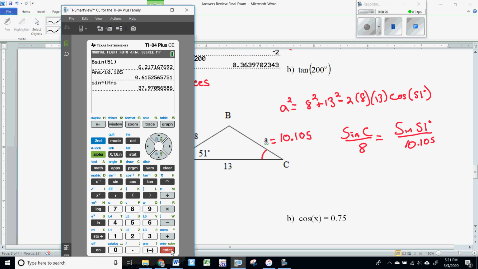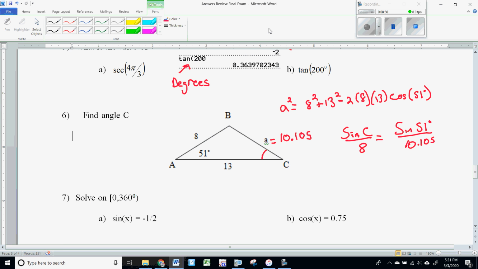And I get 37.971. So I get my answer for my angle C is 37.971 degrees. Now, if I wanted to find angle B after that, I could then add them up and subtract from 180.